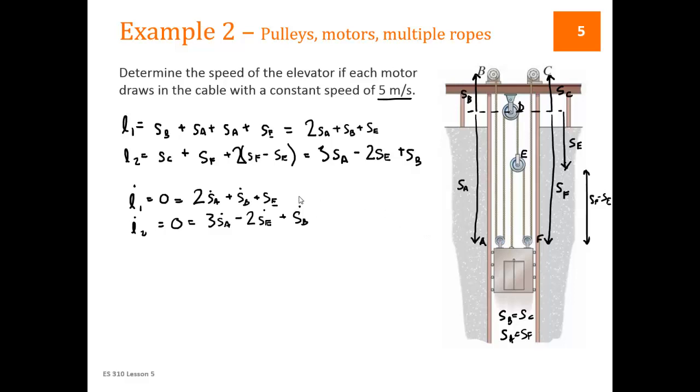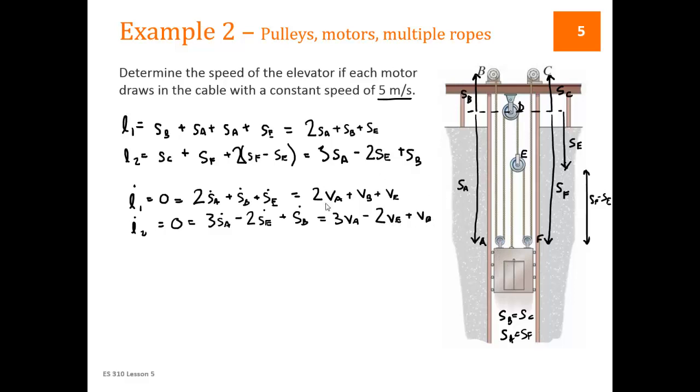Alright, let's solve this first one for SE dot, because that's the variable we don't care about. Let's rewrite these as velocities. So VA plus VB plus VE, and this is 3VA minus 2VE plus VB.